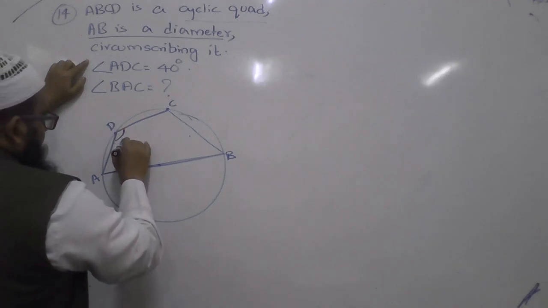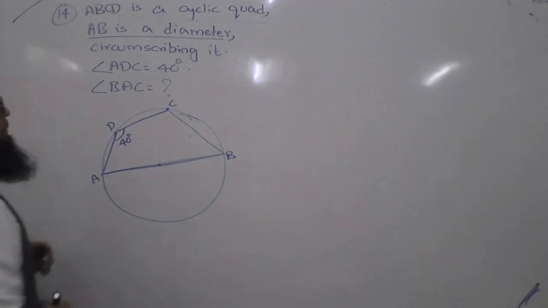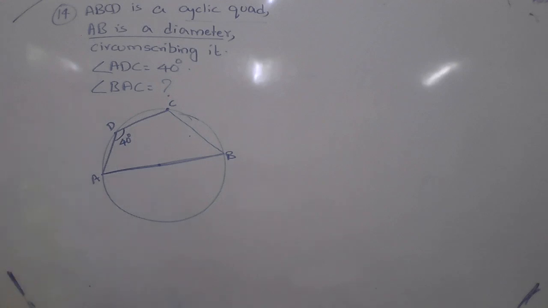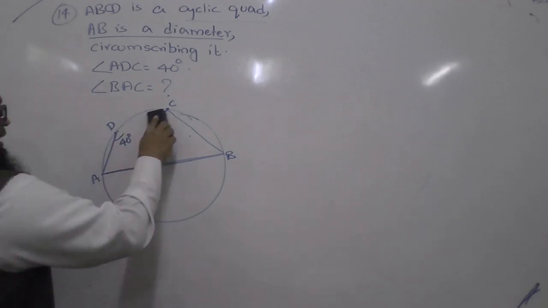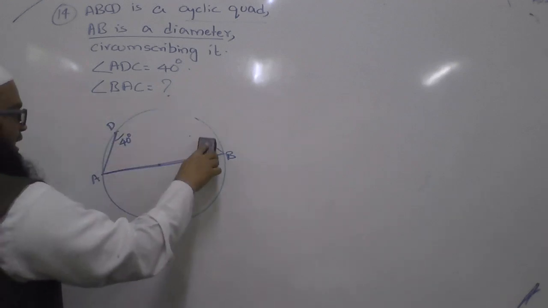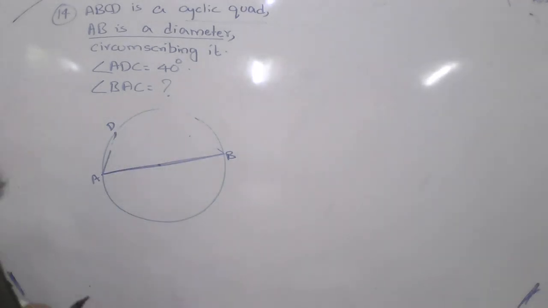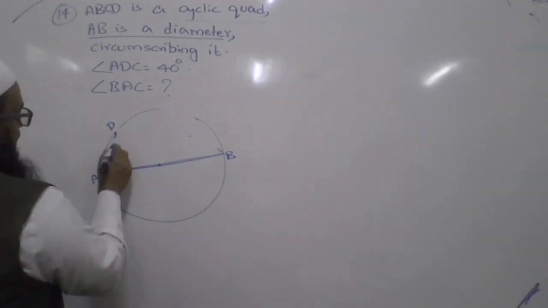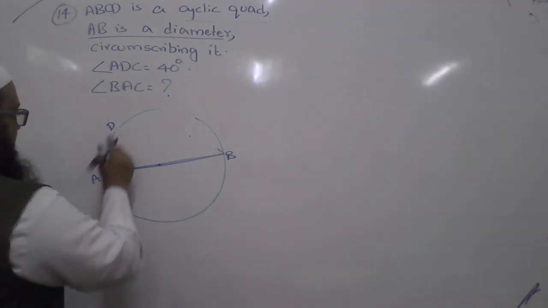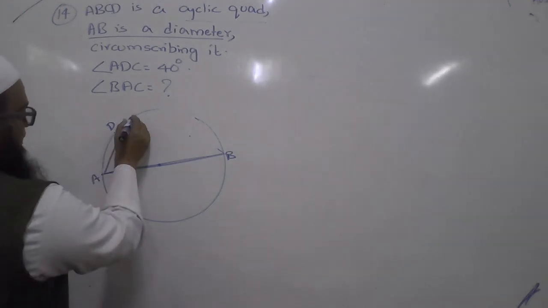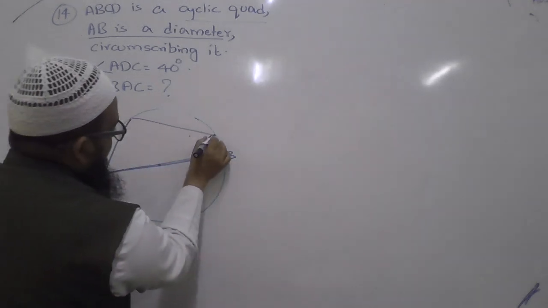Now ADC is how much? Let us say ADC is 40 degrees. According to the question, if ADC is 40 degrees, it should look smaller than this, but it looks like an obtuse angle. So in order to draw it less than 40 degrees, let me write D like this.